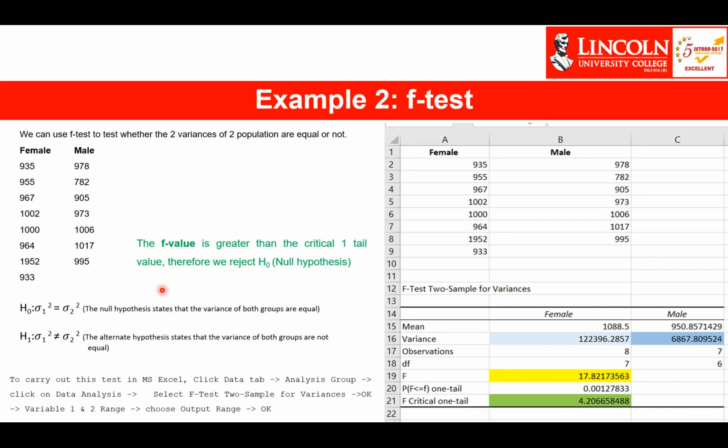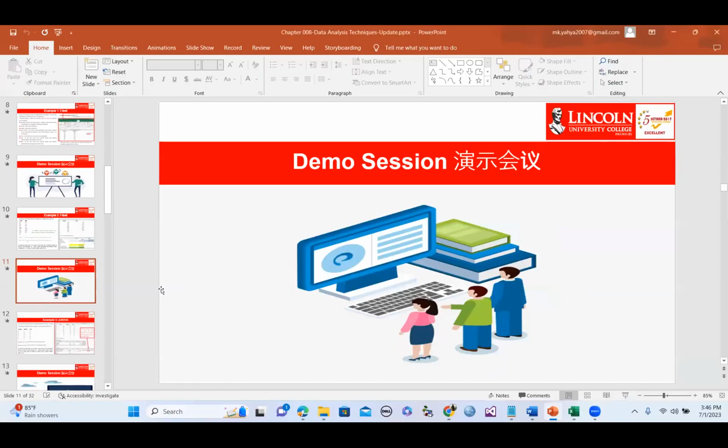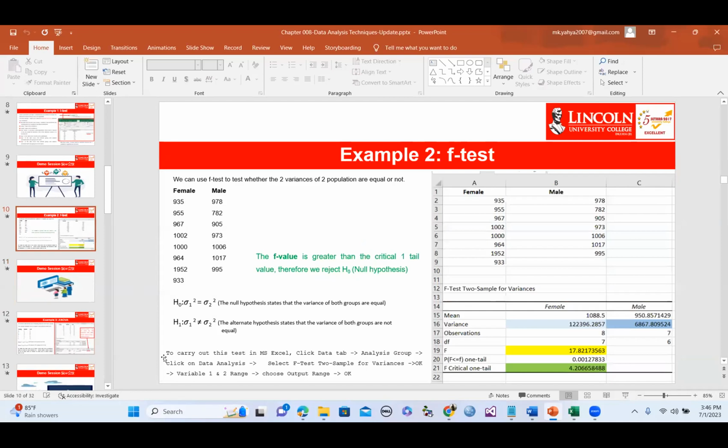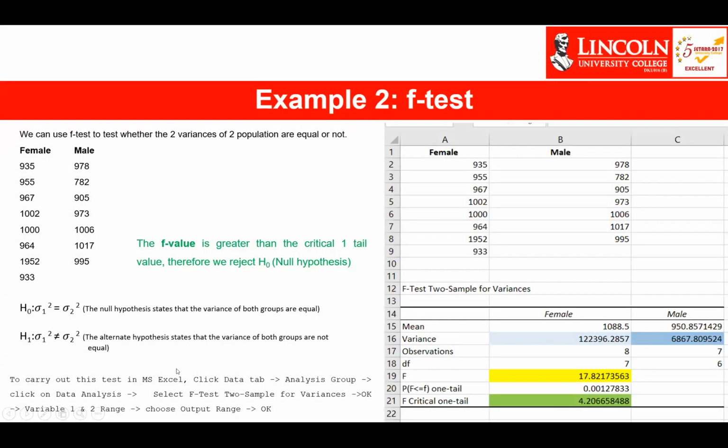So how do we perform this? This is quite different from what we had earlier. And I think I've already put the illustration here. To carry out this test, all you need to do is click on the Data tab in Microsoft Excel, go to the Analysis group, click on Data Analysis, then select F-Test Two-Sample for Variances.